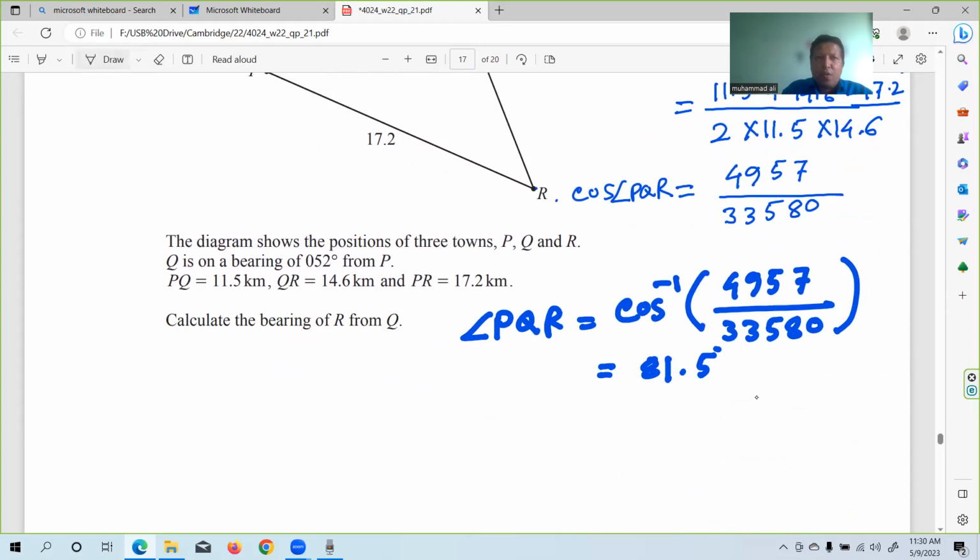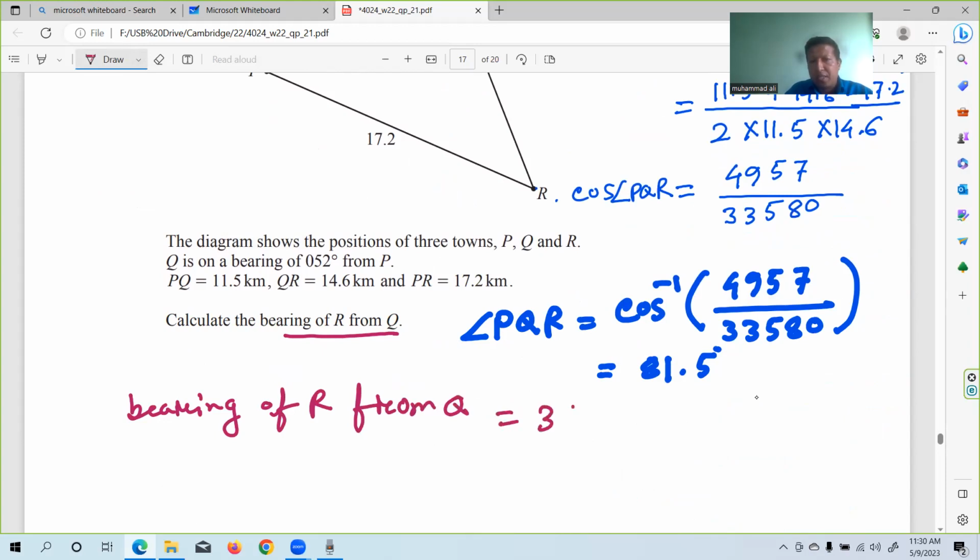So the bearing of R from Q equals, from 360 degrees, we have to subtract both of these angles. That means 128 degrees plus 81.5 degrees. Finally, we get 150.5 degrees. So this is the bearing of R from Q.